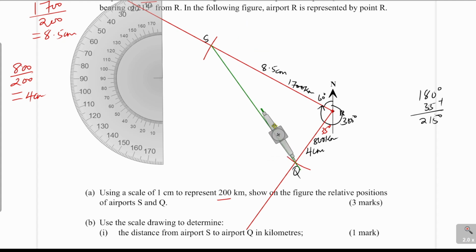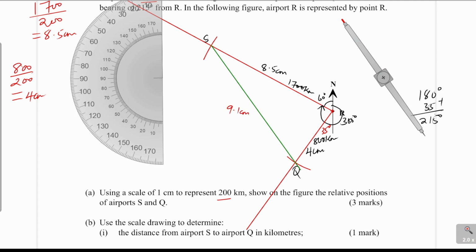So stand at this point here. So I'm taking this measurement. That one is giving 9.1, exactly 9.1. So this is 9.1 centimeters.